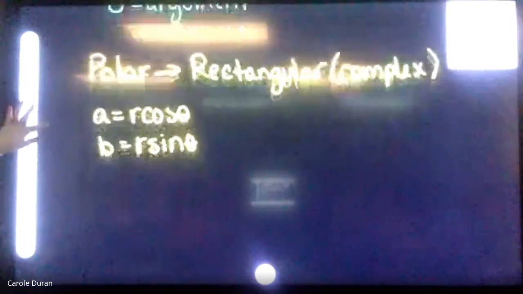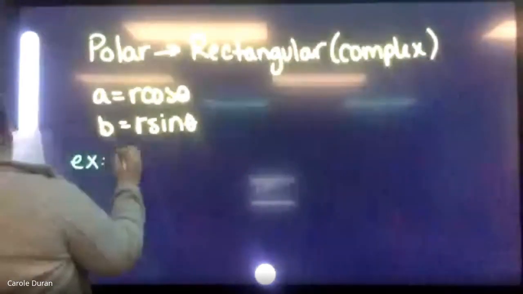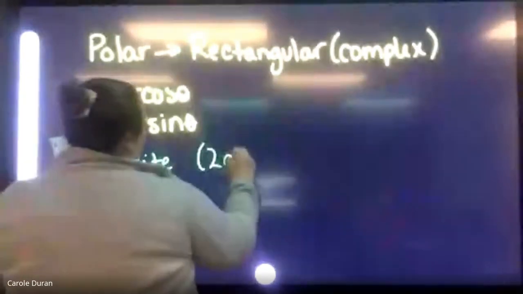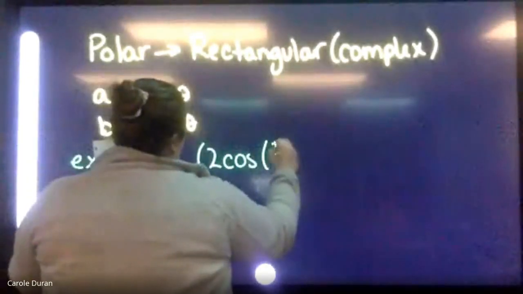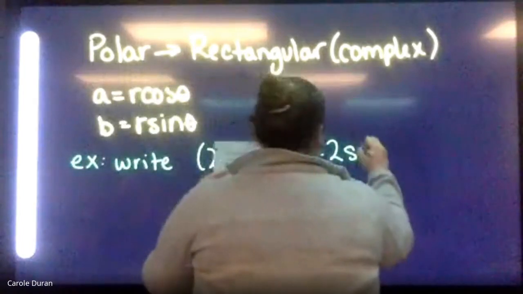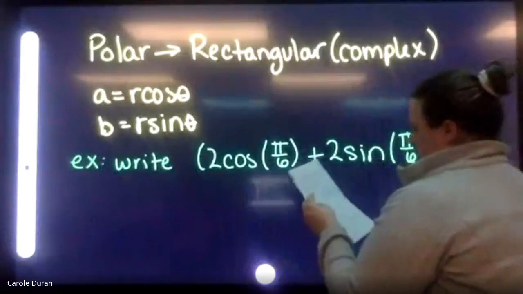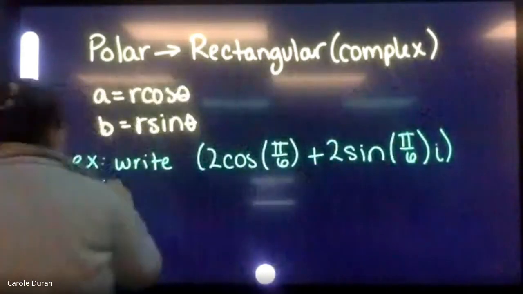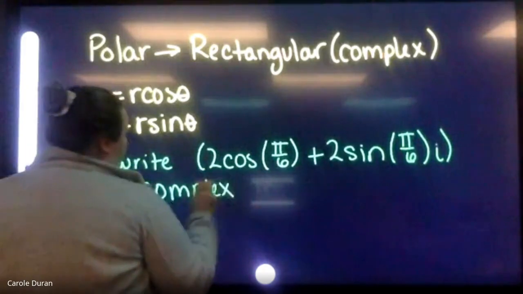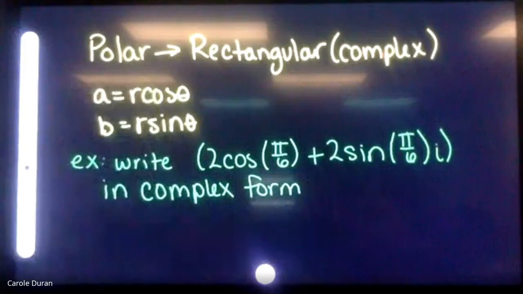And the example we are going to use asks us to convert a trigonometric form of a complex number to standard complex form.